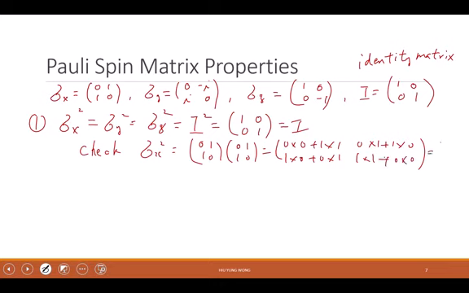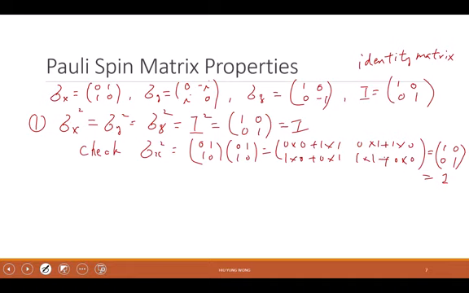What is this? The first one is 1, the second one is 0, then 0 and then 1. What is this? Identity. Indeed, sigma x squared gives you I, the identity matrix.